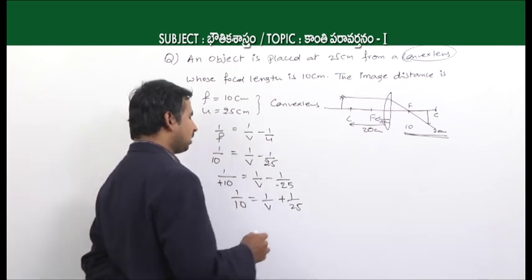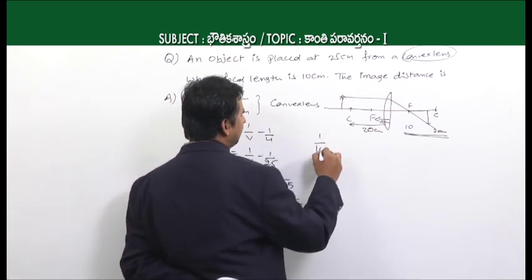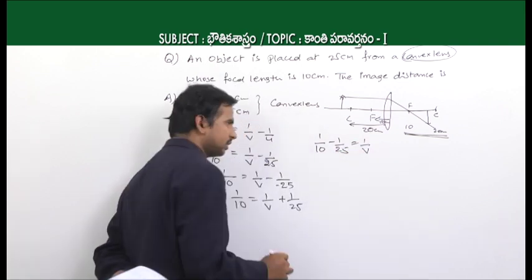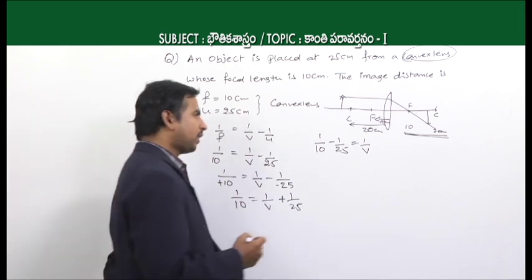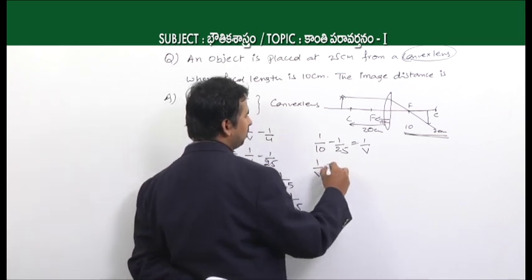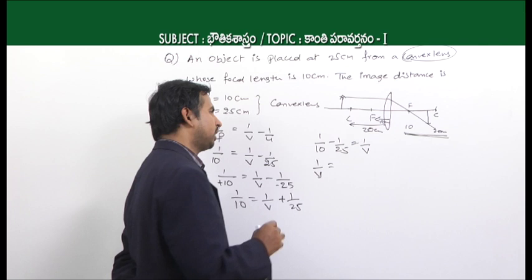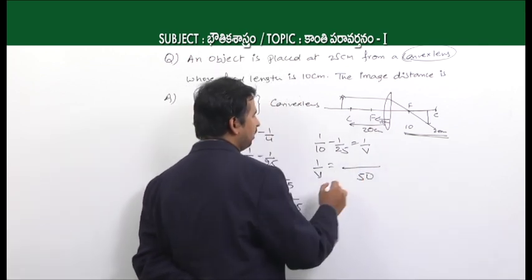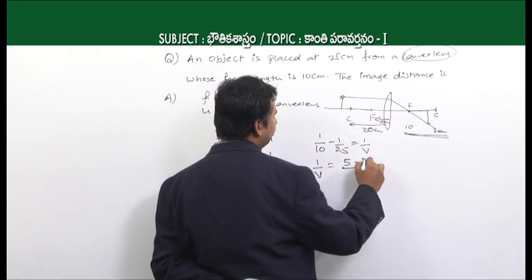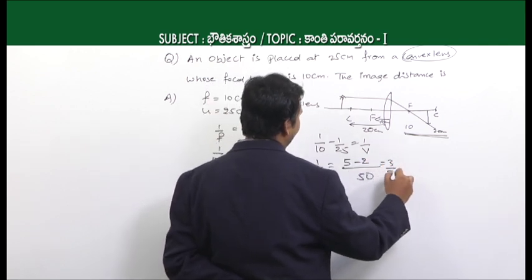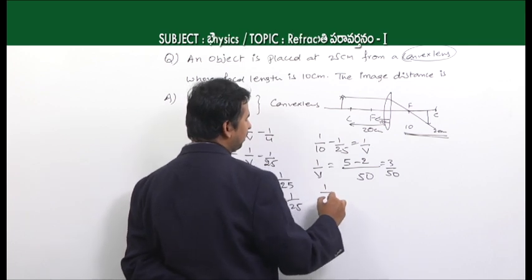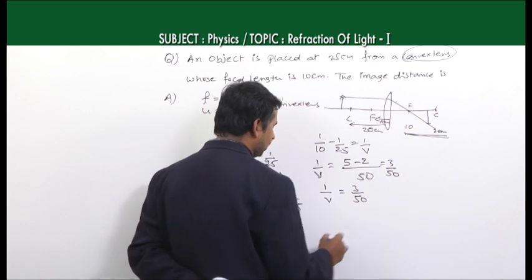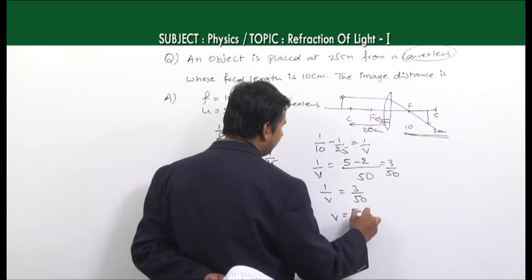Then 1 by 25 coming to the other side, it becomes 1 by 10 minus 1 by 25 is equal to 1 by V. Taking the LCM of 10 and 25, we get 50. Then 5 minus 2 is 3, so 1 by V is equal to 3 by 50, or V is equal to 50 by 3.